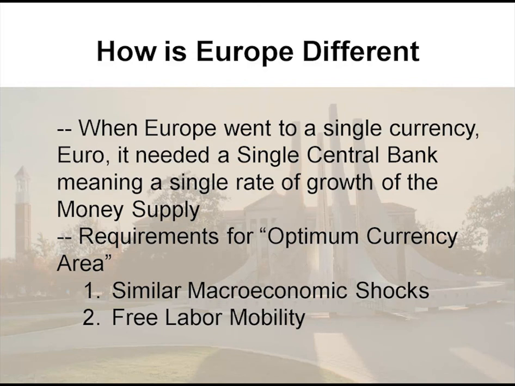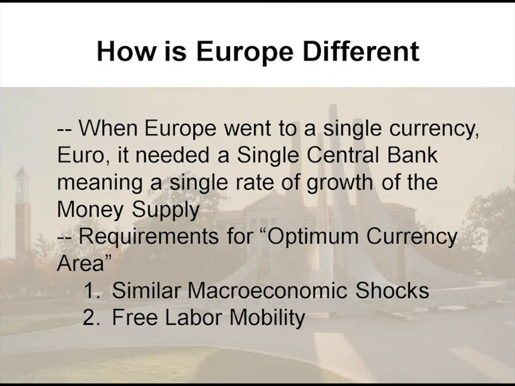Here's the big difference. In the United States, when the government runs a deficit, the central bank can fund that by buying those bonds. And to a certain extent, that can happen in Europe also, but it becomes a little bit more complex. When Europe went to a single currency, the euro, it needed a single central bank.